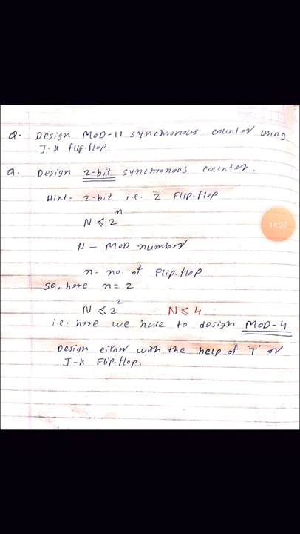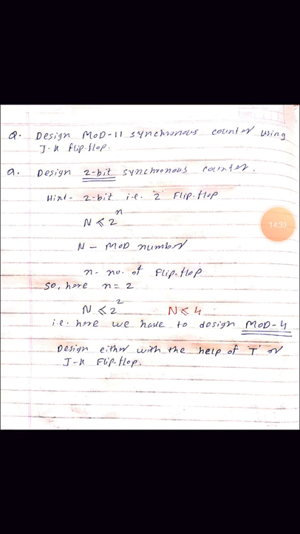Problems based on synchronous counters may be asked either by mod number, like design mod 7, mod 11, mod 8, mod 13, mod 15 counter, or design a 2-bit, 3-bit, 4-bit synchronous counter.